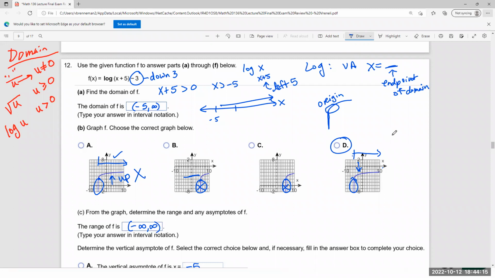Now, the log and exponent are inverses of each other. So inverses switch x and y and everything to do with x and y. So the domain becomes the range for the exponent.